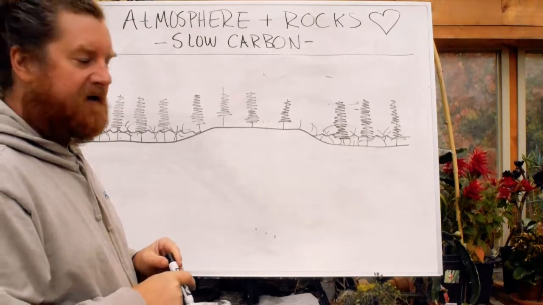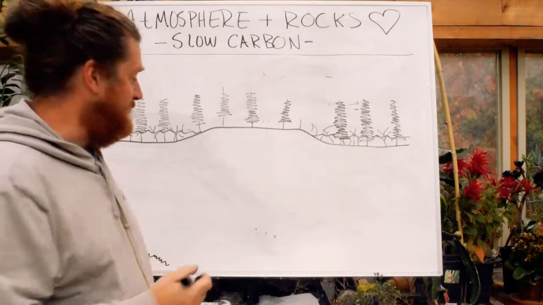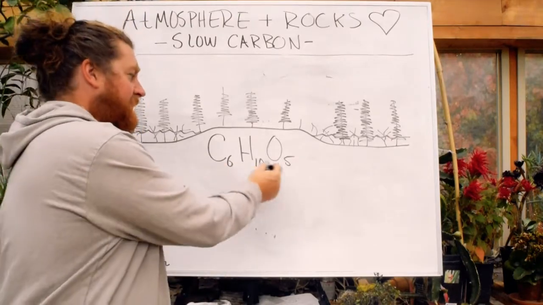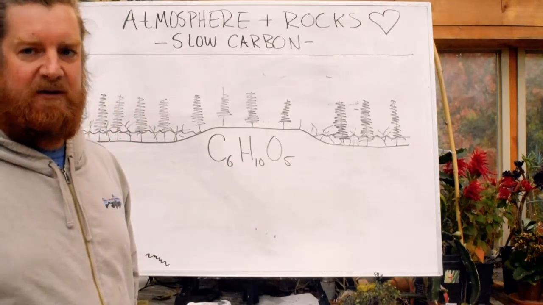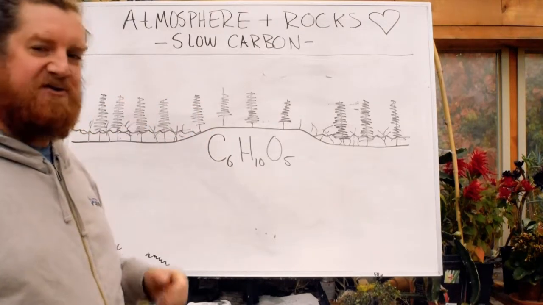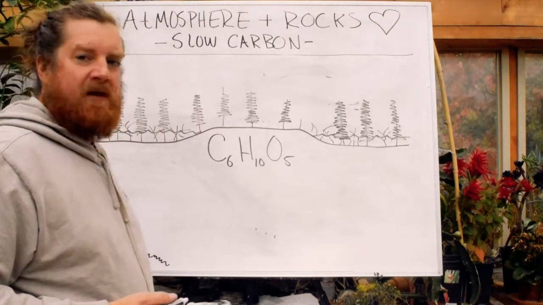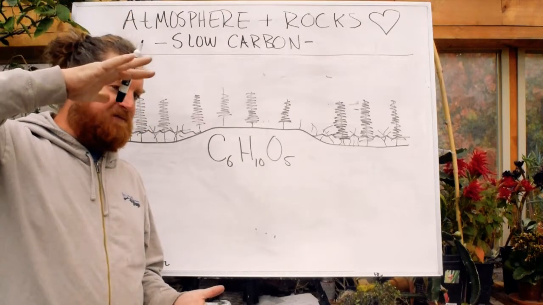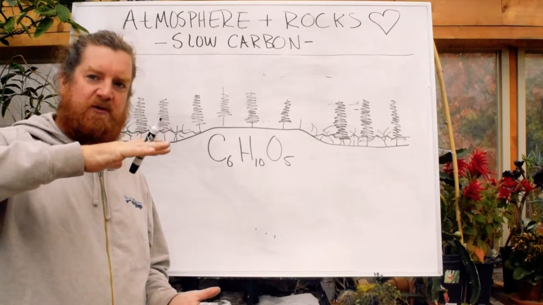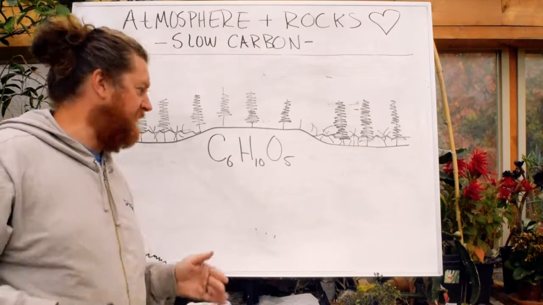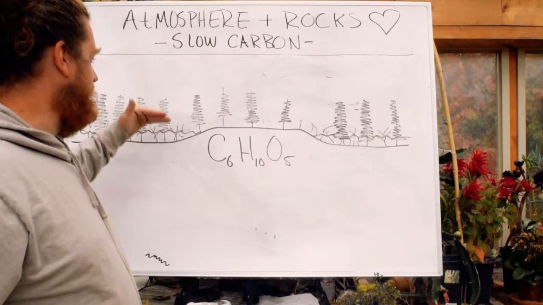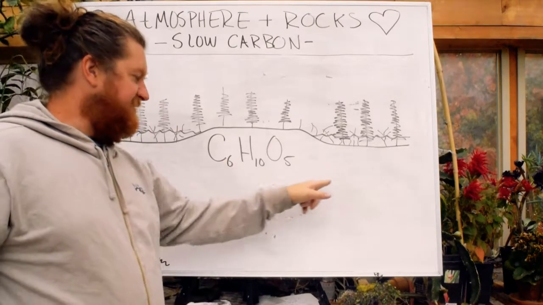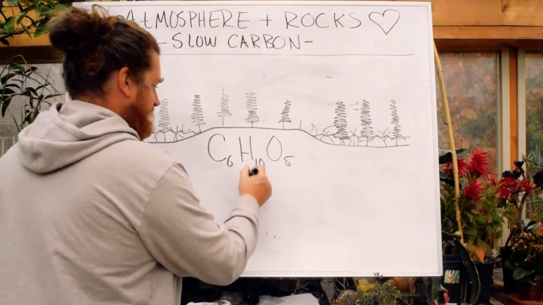But what we can look at is a chemical formula for a plant: C6H10O5, carbohydrates, right? It's actually the same formula we looked at before. I've just juiced the numbers a little bit. And in the case of coal, what happens is as the pressure is continually building and getting higher and higher, the sea level rises and falls, maybe there's sediment deposited on this stuff, it actually drives water out of the equation.